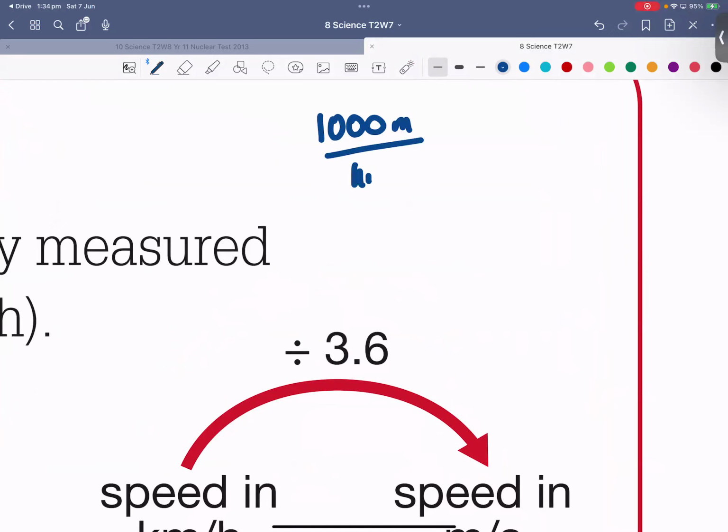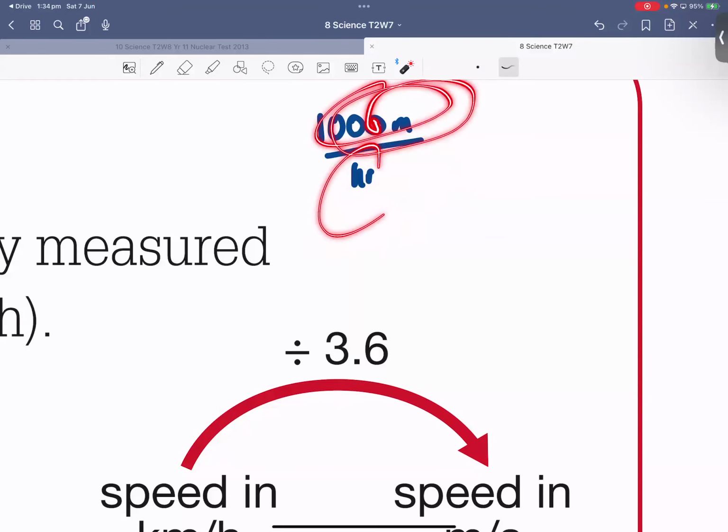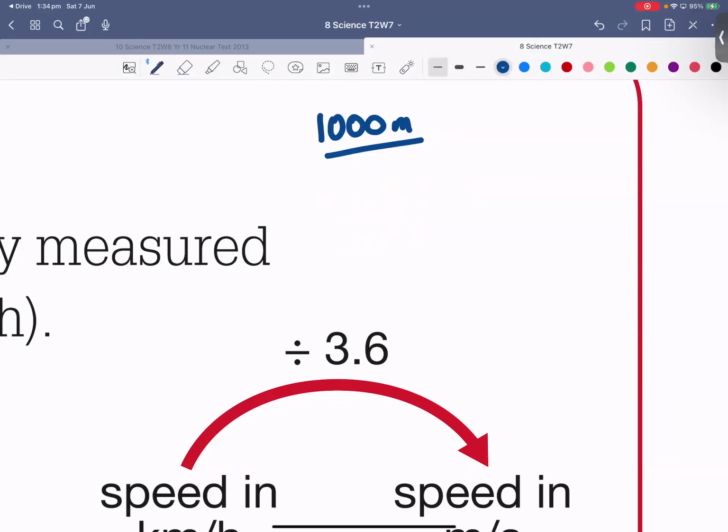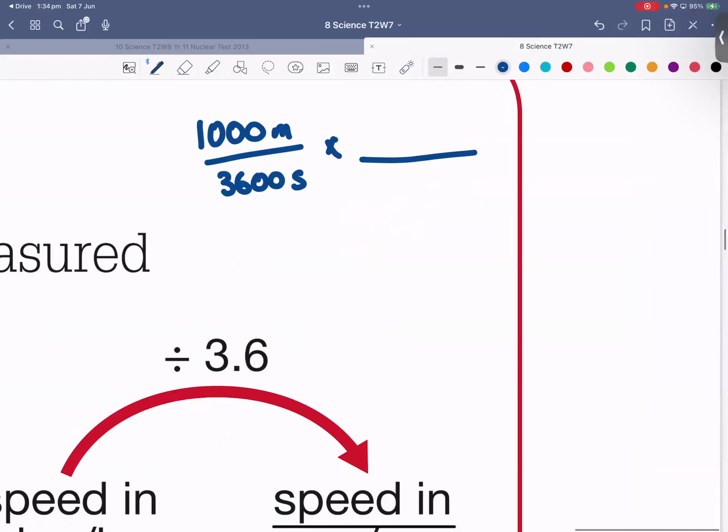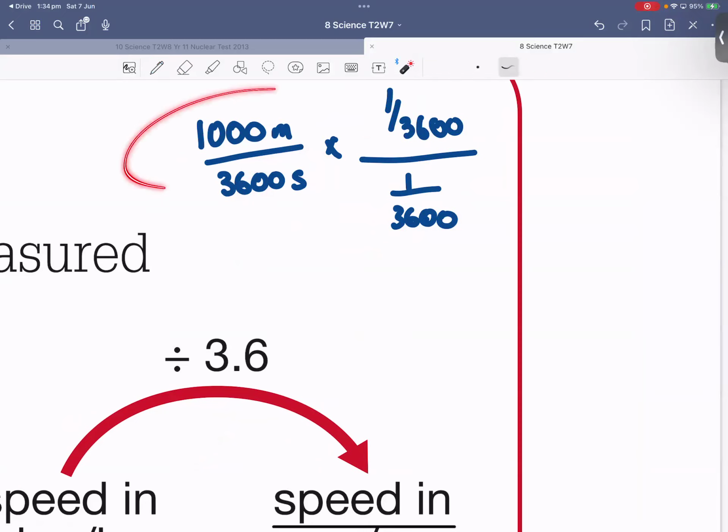So in 1 hour, I travel 1,000 meters, we can keep meters. 1 hour is basically 3,600 seconds. So if I want to get the bottom to just 1, I would have to multiply the bottom by this, so then I have to multiply the top by that. So then you get meters per second. That's where you get 3.6.